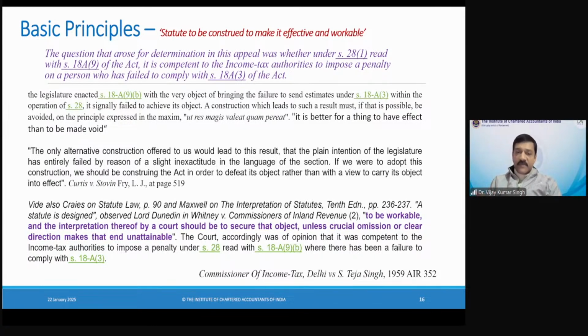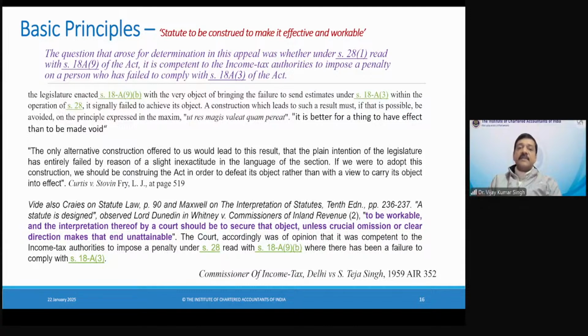Generally, this law brought the idea of sending tax estimates to the tax authorities for advance tax purposes. In this situation, that particular advance tax estimate was not given, and then a penalty was issued for not giving that estimate.